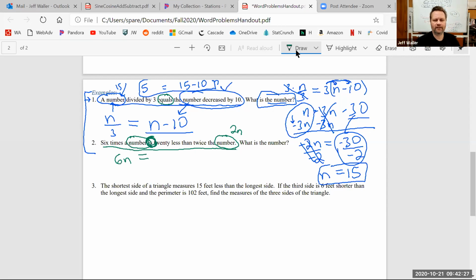What's 20 less than 50? 30. What did you do? I subtracted 20 from 50. So what's 20 less than 2N? 2N minus 20. That is 20 less than twice the number.